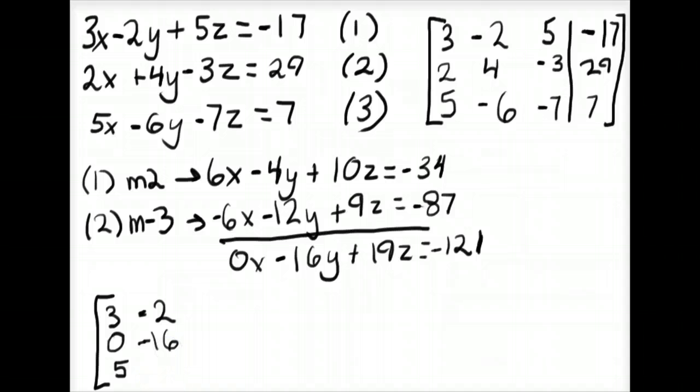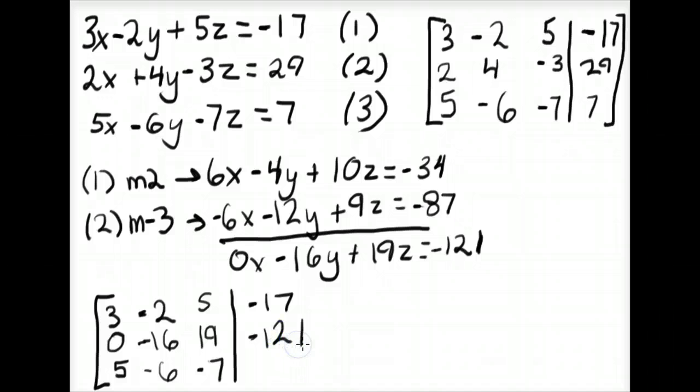Then negative 6, then 5, 19, positive, and negative 7. And then we're going to show the constants again right here. So that will be negative 17, negative 121, and positive 7.